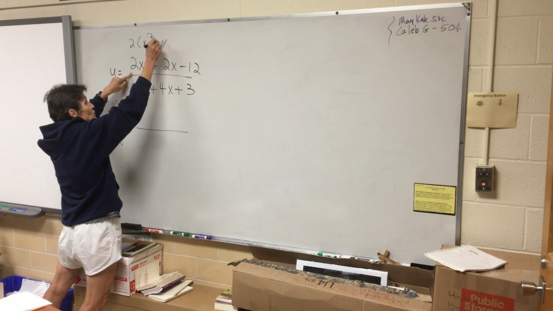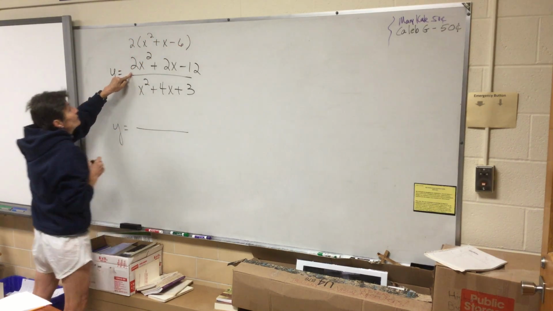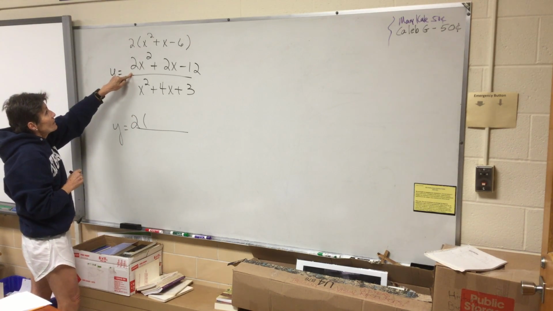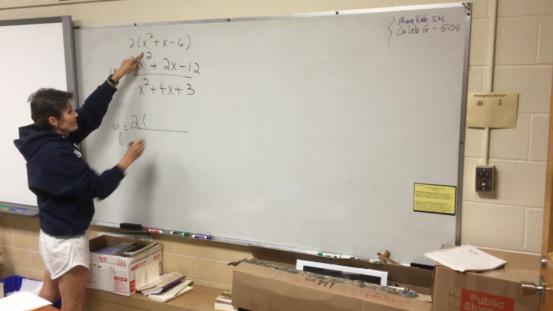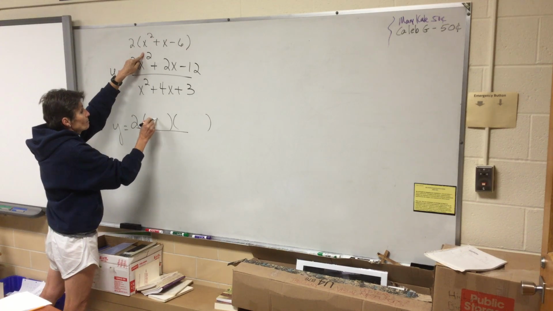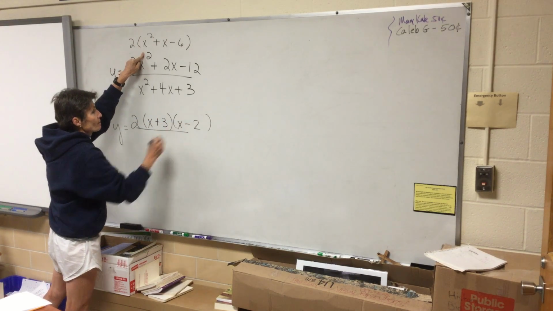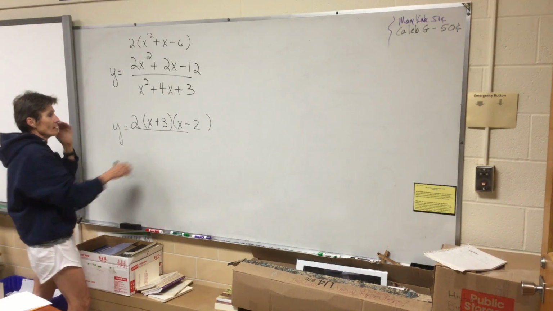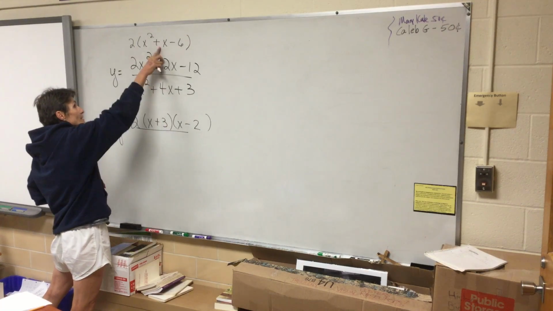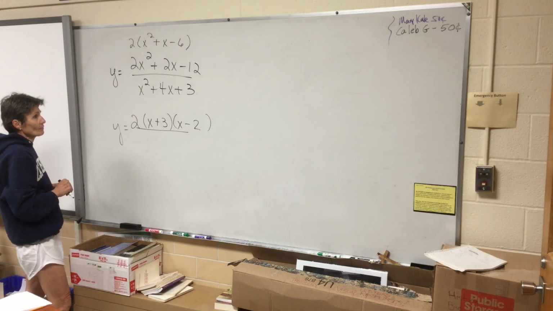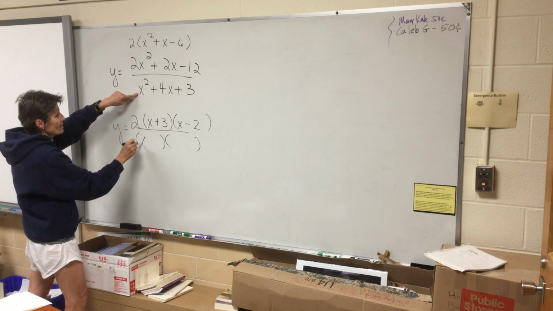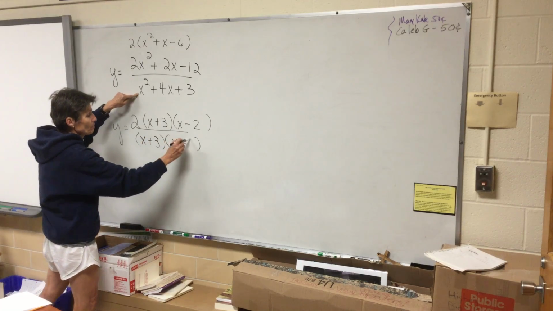So when I take a 2 out, which I gotta keep, I don't get rid of the 2, I have 2 times x squared plus x minus 6, which factors into x plus 3 and x minus 2. Because 3 times negative 2 is negative 6, and negative 2 plus 3 is 1. And then the bottom factors, similarly, x plus 3, x plus 1.